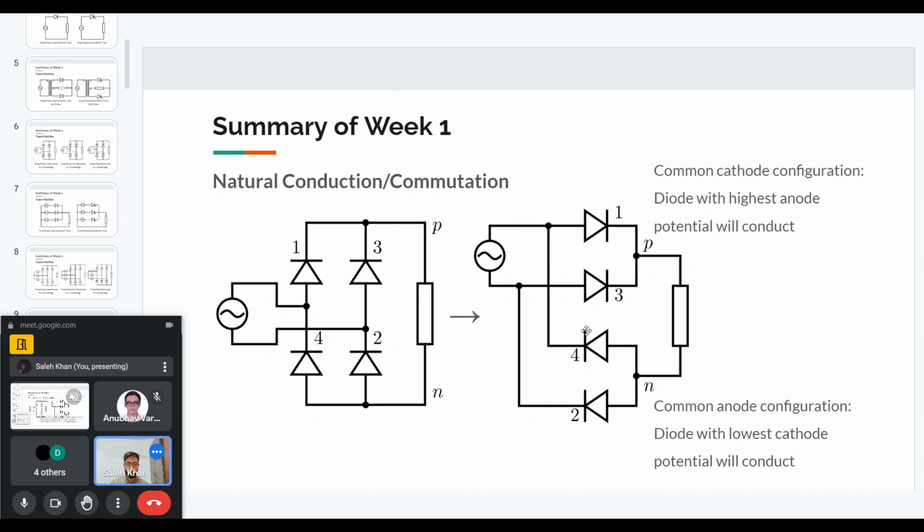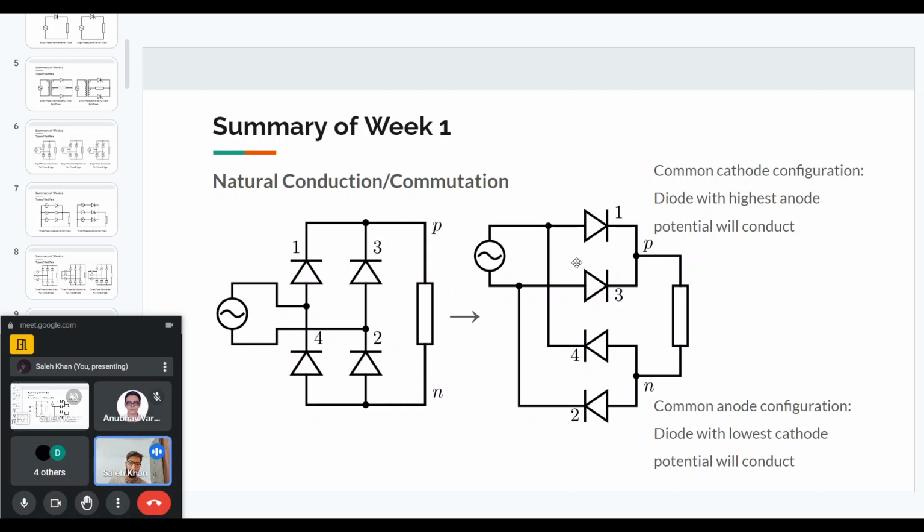For diodes 2 and 4, if we are again in the positive half cycle, then the cathode of diode 4 is connected to the positive voltage. It is at a positive potential, while the cathode of diode 2 is at 0 potential. Because 0 is less than the positive potential, diode 2 will turn on for the positive half cycle. So this is how we determine which diode will turn on.